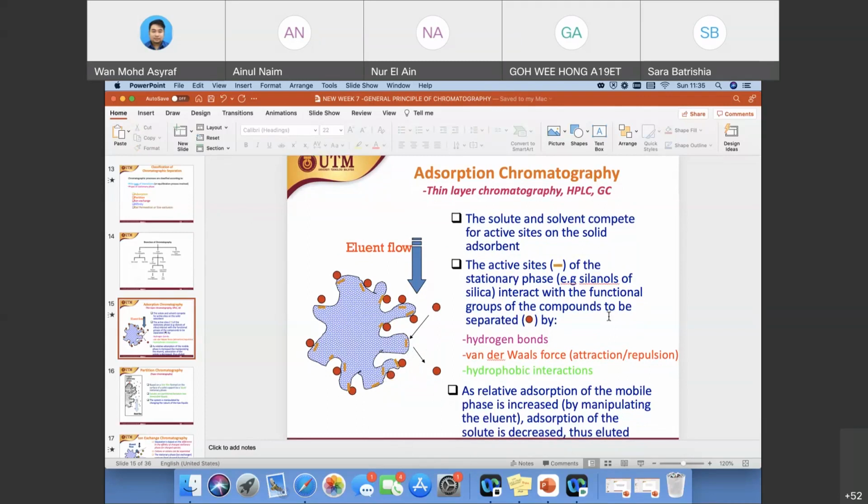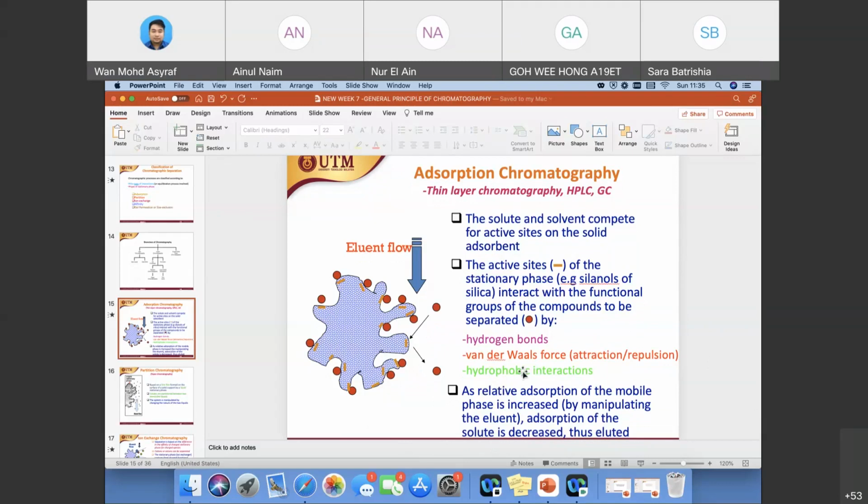The active sites of the stationary phase, which in this case are the silanols of silica, interact with the functional groups of the compounds, which is represented by the red circle here.